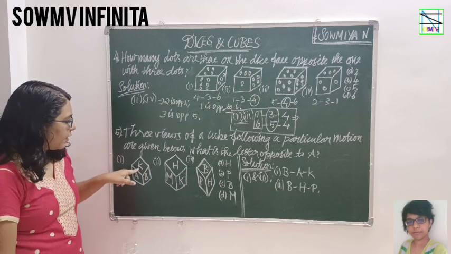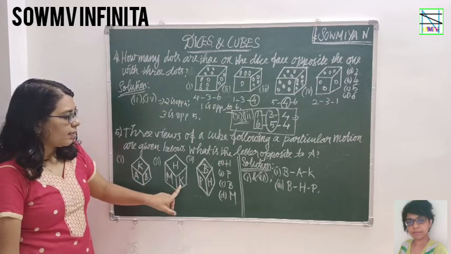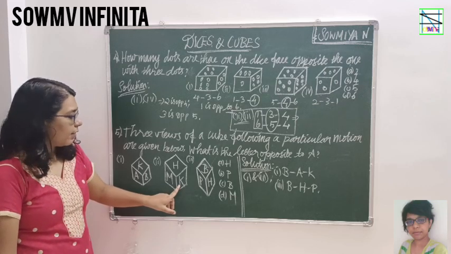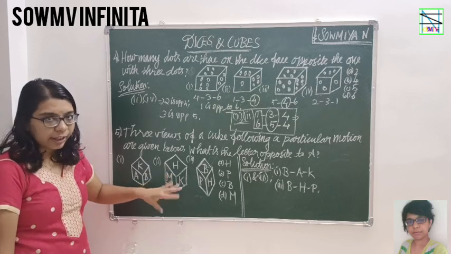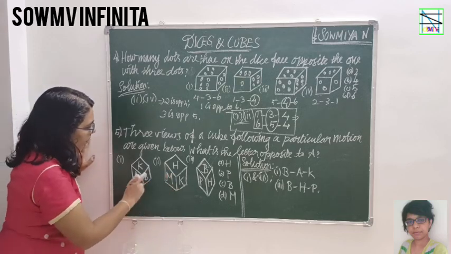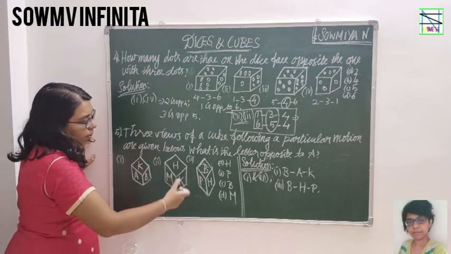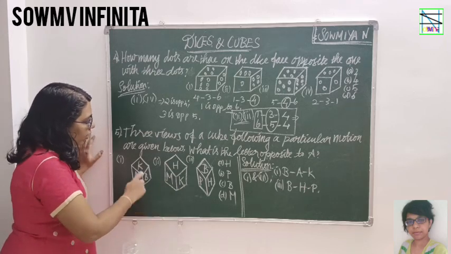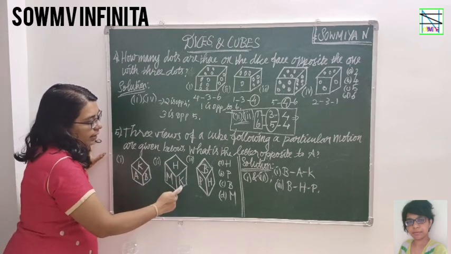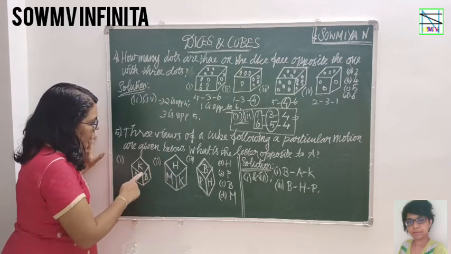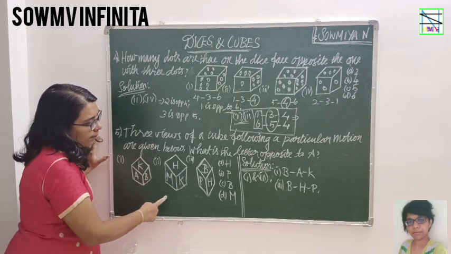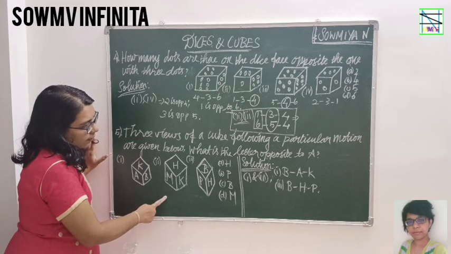The first dice has K, and the K is rotated in a clockwise direction. So K is here. In the second dice, K is here. Which means we can arrange it in the clockwise direction.